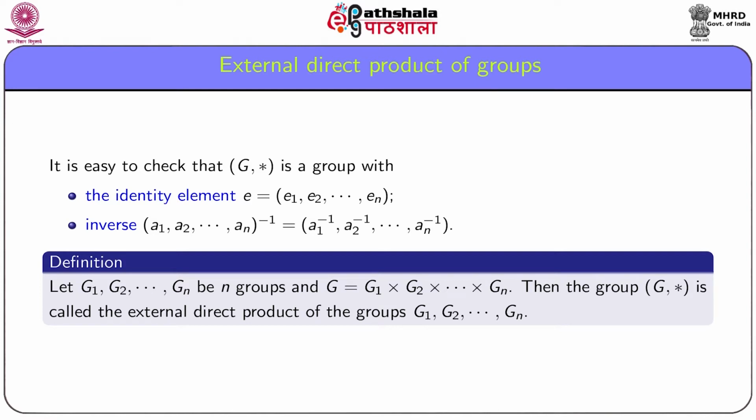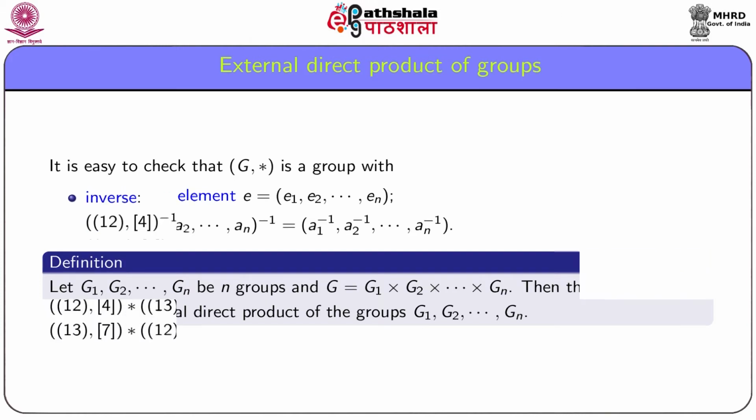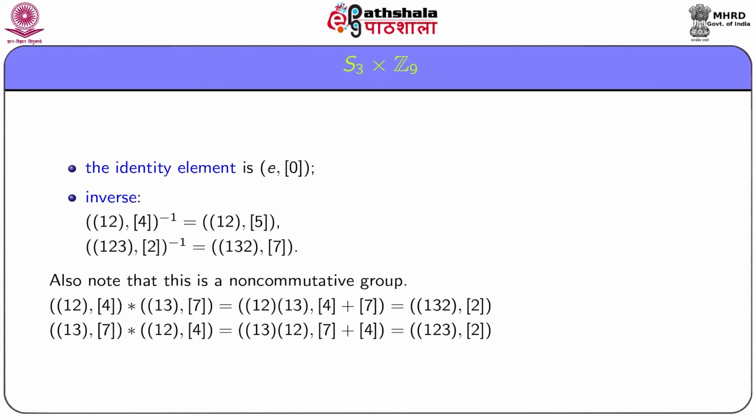Why external? I will define in the next module another product of groups which we call the internal direct product of groups. Anyway, now let us consider an example, S3 cross Z9.